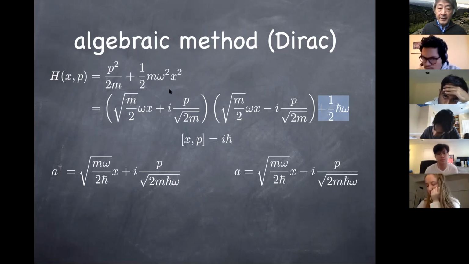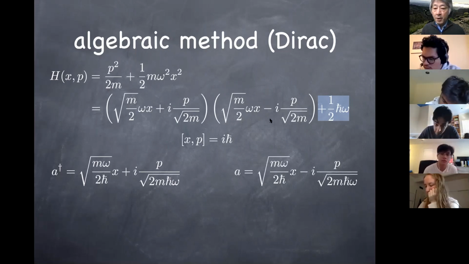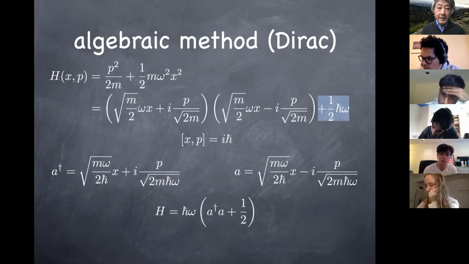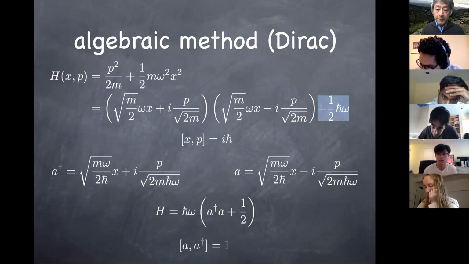So the first parenthesis is the square root of h bar times a dagger, and the second parenthesis is the square root of h bar times a. Then I can write the Hamiltonian as h bar omega (a dagger a plus 1/2). That's the expression you often see in quantum mechanics textbooks.